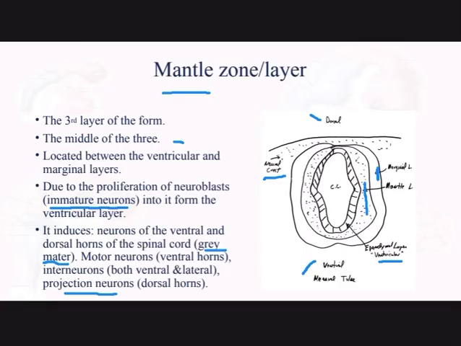However, you have to have gray matter between the ventricle and the dorsal horn, and these usually come from the mantle zone. They also have the motor neurons, the interneurons that connect between the ventral and the lateral, and the projection neurons, usually here in the dorsal horn.